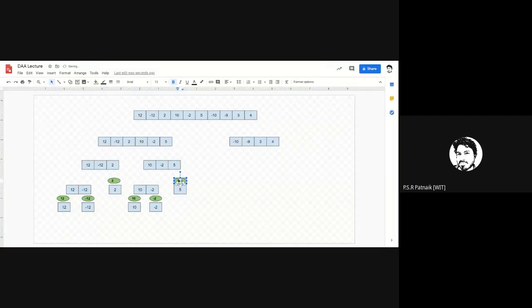So here the answer is 5 for this maximum sum for the subarray. Now the problem arises, what will be the subarray for this element? Can you tell me what will be the subarray? How should I solve this?